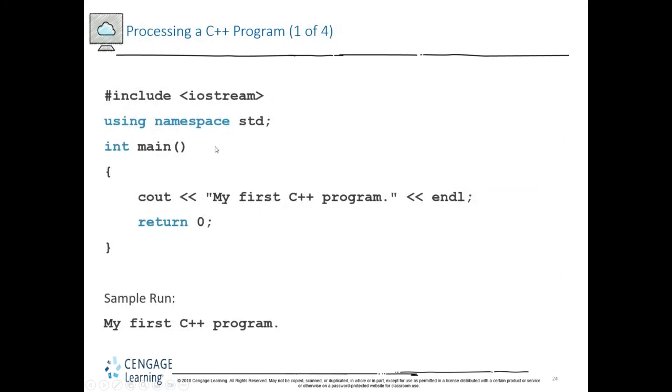So they give you a little tiny example to run. Remember, when you use Replit or MindTap, it'll already have the pound include. If you use Replit, it won't have using namespace std. So you just type in using namespace std semicolon after the pound include and before int main. Otherwise, instead of cout here, you'd have to put std::cout.